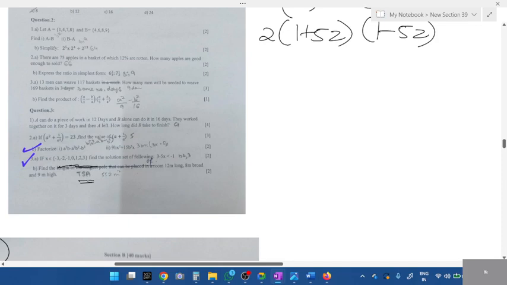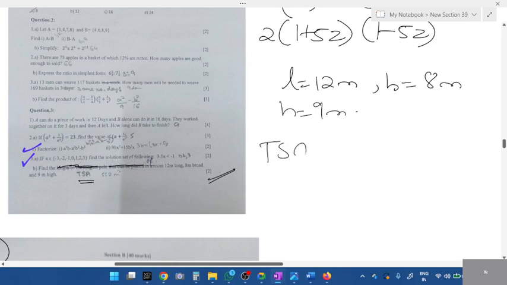Find the total surface area of a room. What is the length given? Length is equal to 12 meters, breadth is equal to 8, and height is equal to 9. Okay, room is always a cuboid. Total surface area of a cuboid is 2 into LB plus BH plus HL. Substitute, find the answer.